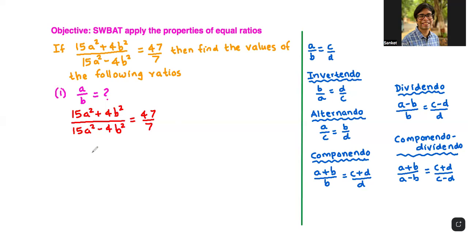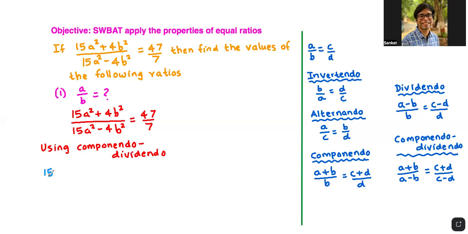I'm going to apply componendo dividendo. So this is numerator and this is denominator. When I apply componendo dividendo, I'll be having numerator plus denominator upon numerator minus denominator.